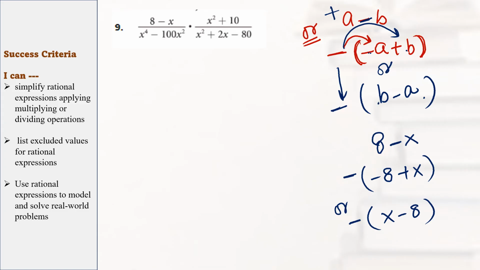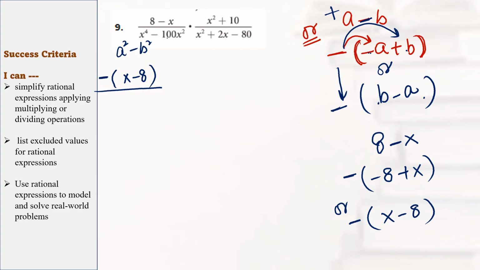And you will see that this will give you a benefit. Okay, let's see the question. 8 minus x, so I write here minus x minus 8. Okay, now x to the power of 4 minus 100x square. This is a formula we studied before, a square minus b square.